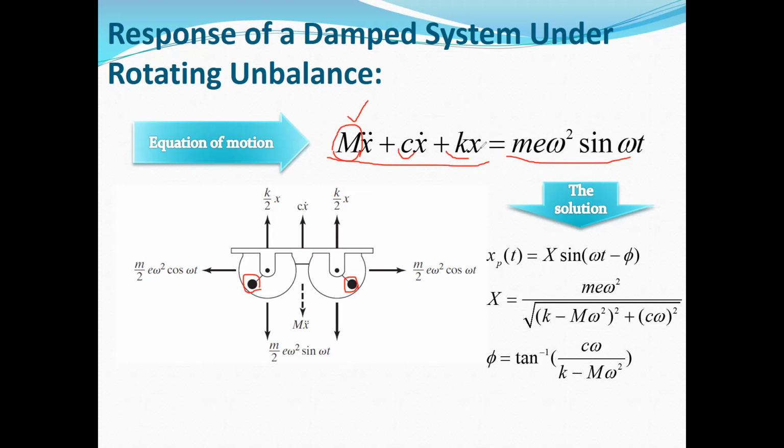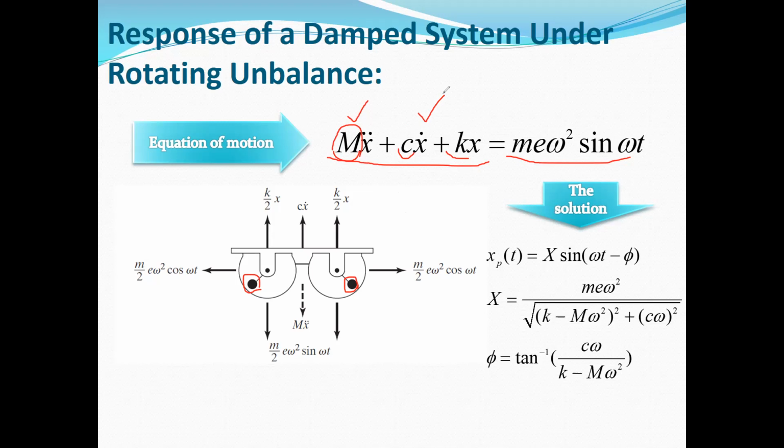Now we have a second order ODE with a non-homogeneous term, and we need to obtain the particular solution for this structure, or the non-homogeneous solution. The homogeneous solution for this equation is easy. It's exactly the answer of an SDOF system, and you can easily find it.